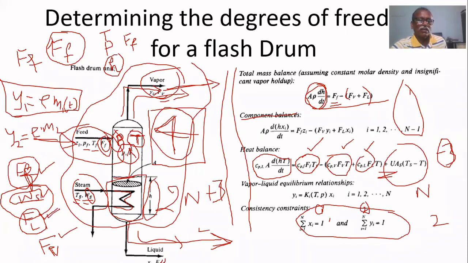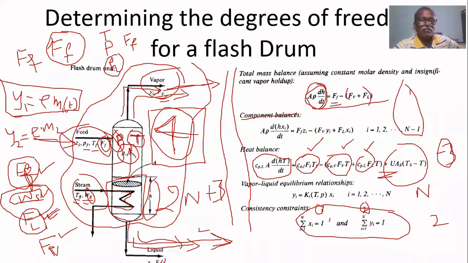Similarly, FL is another manipulated variable. If you use FL, the liquid flow rate, and decrease it, what will happen? Pressure will increase. If you decrease the liquid flow rate, definitely pressure and temperature will increase. That's why by using FL we can control pressure and temperature.